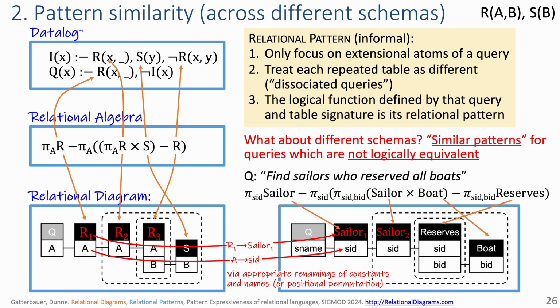If you first dissociate the tables on both sides, so we have 4 different tables in each query, and then also rename those tables and the attributes and a constant that appear, then the dissociated query on the left actually expresses the same logical function as the one on the right. That means if you insert exactly the same tuples into the left 4 tables as the right 4 tables, then both queries will return the same output. So while our originally non-dissociated queries were not logically equivalent and thus neither pattern equivalent, we can say that they use a similar relational query pattern.